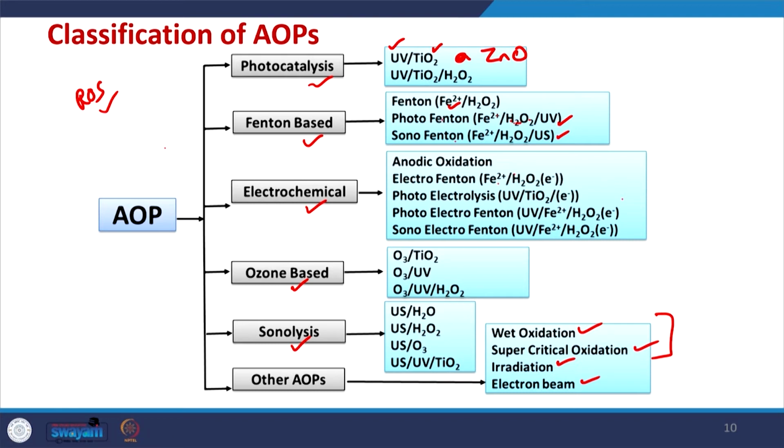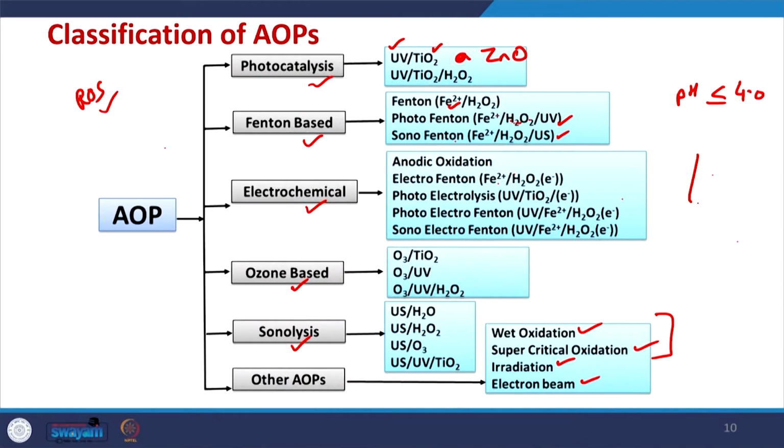Now, for the iron catalyst to be present in the Fe2 plus form, the pH needs to be lower, around 4 or 4.5. So, this system works only in low pH wastewater. So, this is the problem. A lot of research is also going on treatment by Fenton based methods.